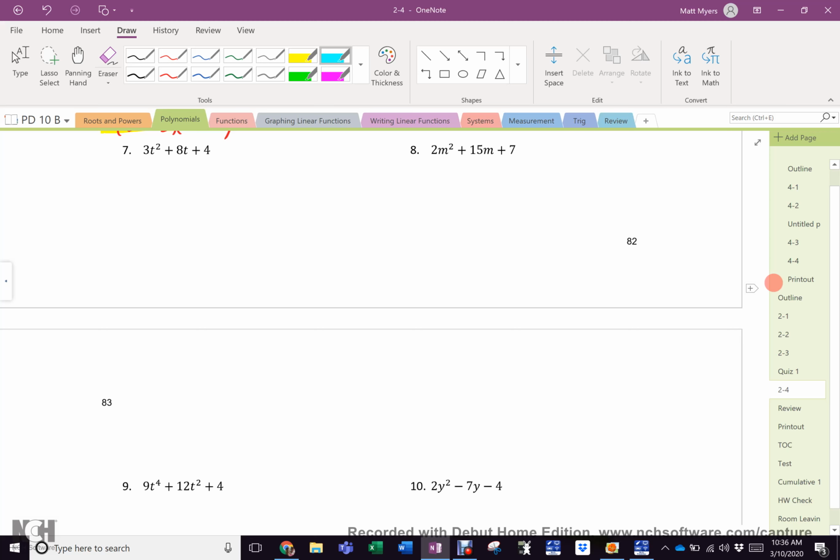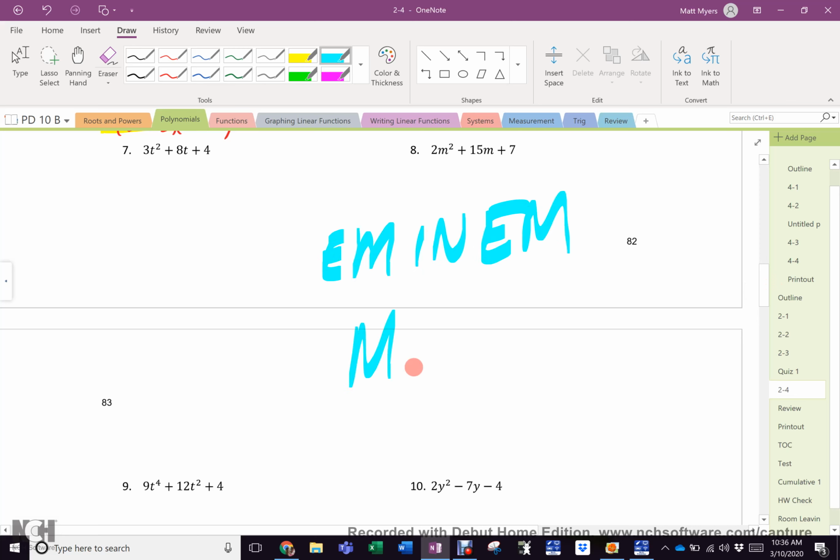Literally, my initials are Matt Myers. M-M. M-N-M. Yeah, and I'm older than him, so he stole it from me. M-N-M. Because his name is Marshall Mathers. M and M. Eminem.